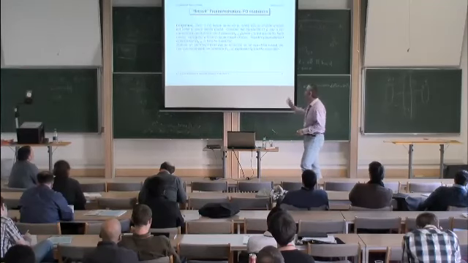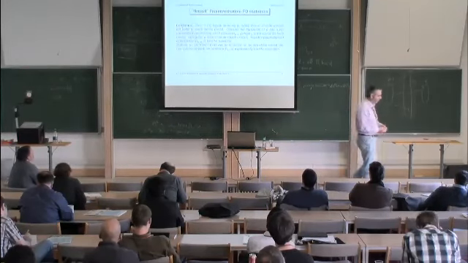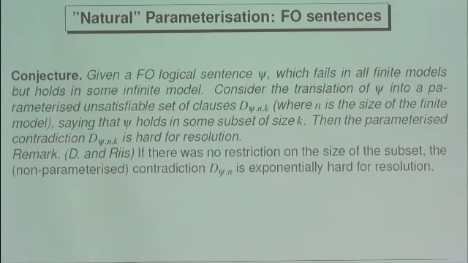So one last natural parameterization would be achieved if you look at first order sentences again, which fail in all finite models as usual, but have some infinite model. So these sentences, as Søren Riis proved, are hard for tree-like resolution. In general, they aren't hard for resolution.